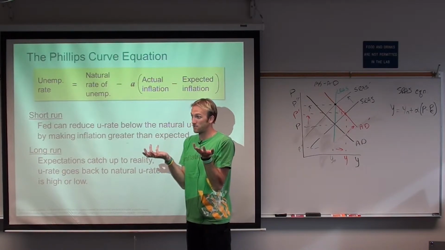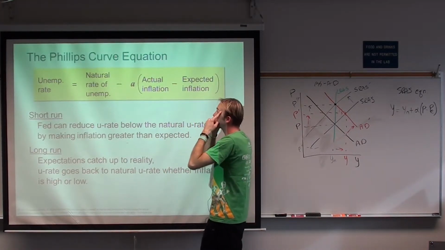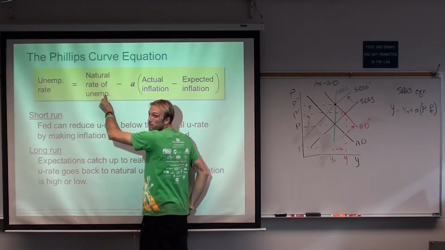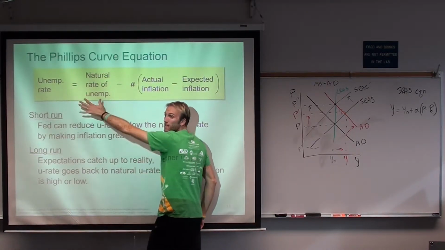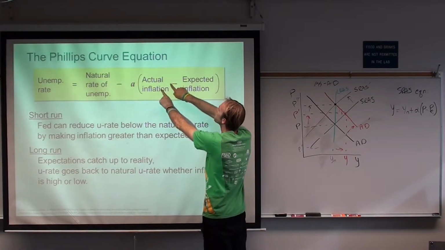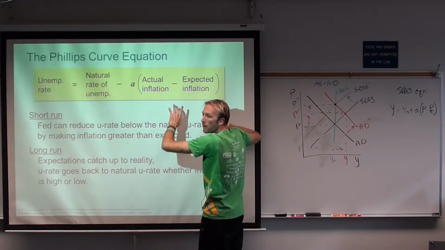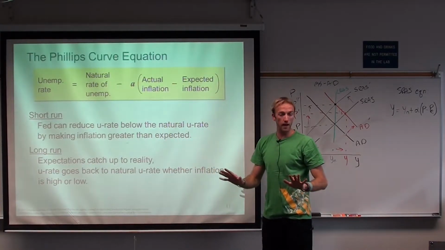So what does that mean they must have been doing? We had rates lower than the natural rate of unemployment for like 8 or 9 years. That means that actual inflation must have been higher than expected inflation for 8 or 9 years. Does that make sense? But people aren't stupid, right?